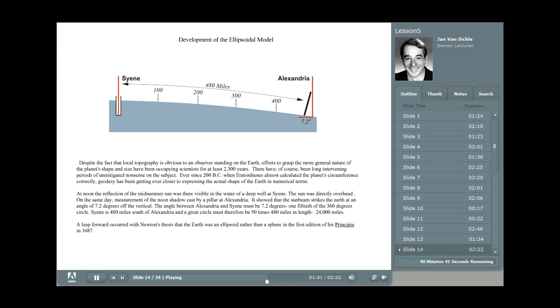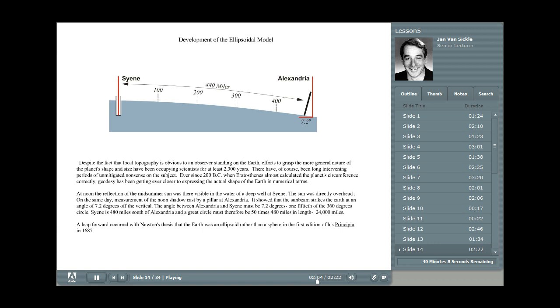And therefore, since it was measured by the rope stretchers that Siena was 480 miles south of Alexandria, a great circle must therefore be 50 times 480 miles, or 24,000 miles, for the circumference of the entire planet. Extraordinary deduction for 200 BC, and not so terribly far from the truth.